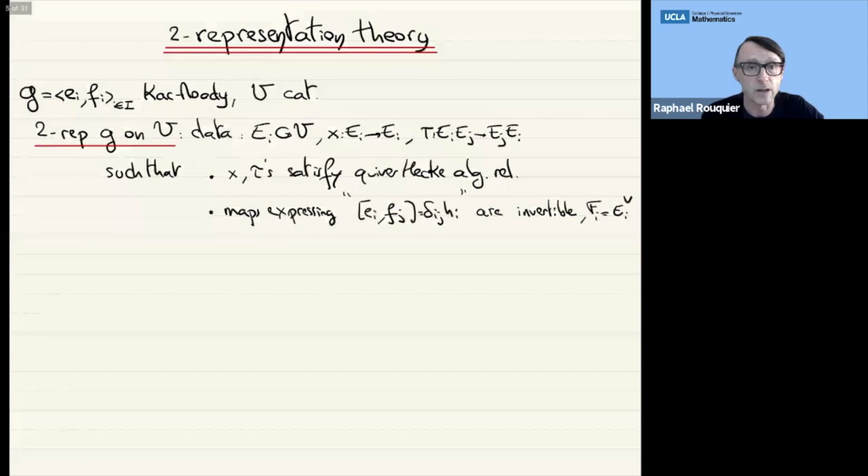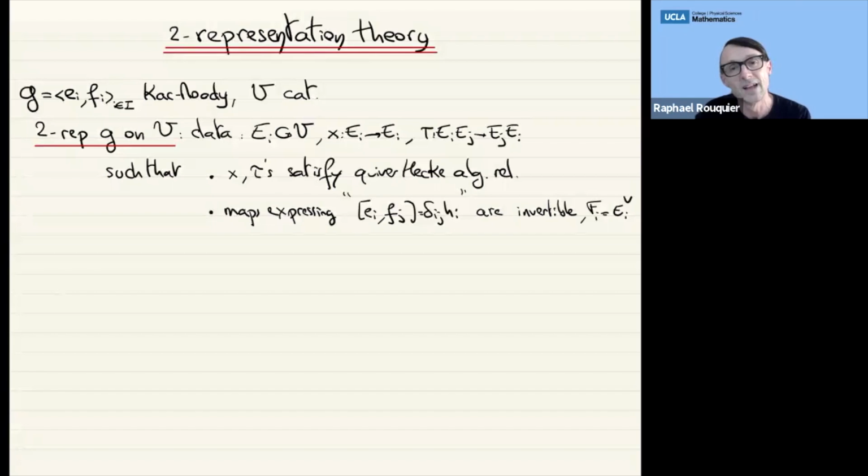Next, you need some F_i's as well, but it's like representations of compact groups or unitary representations: your E_i is going to have an adjoint F_i, and you put that as a requirement, an adjoint functor.